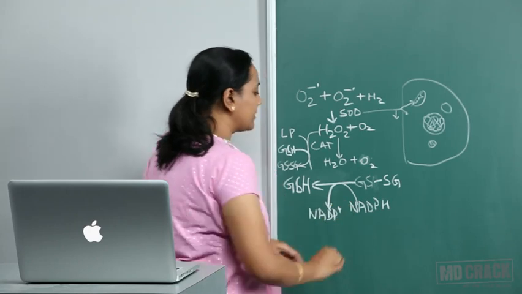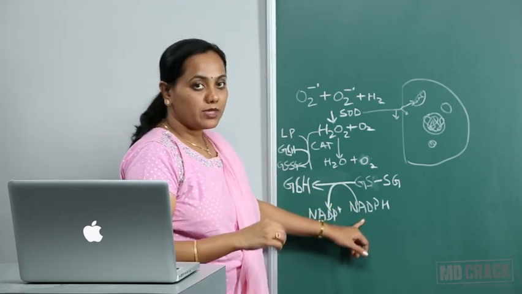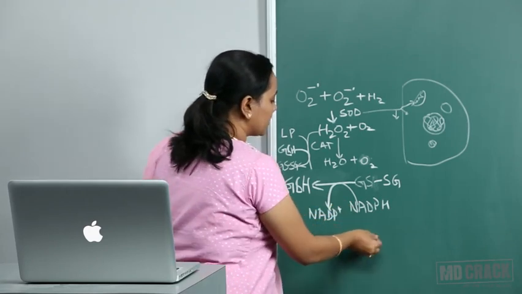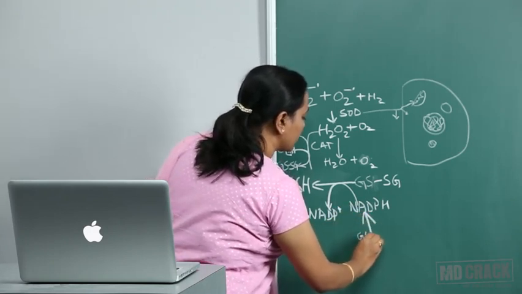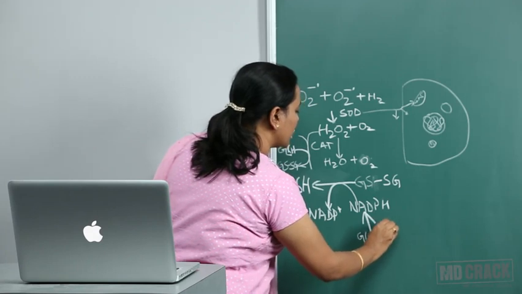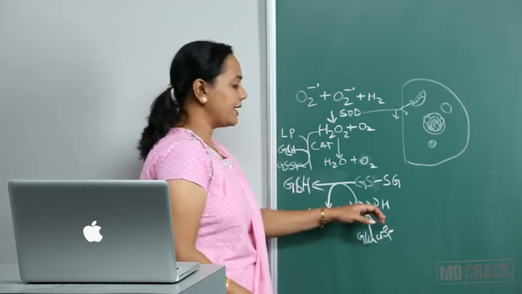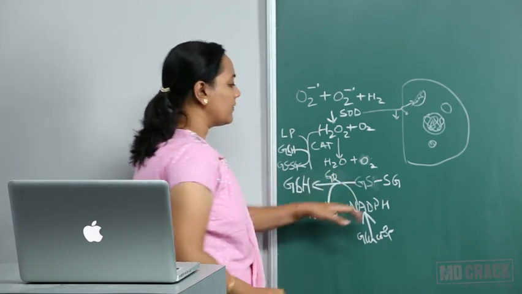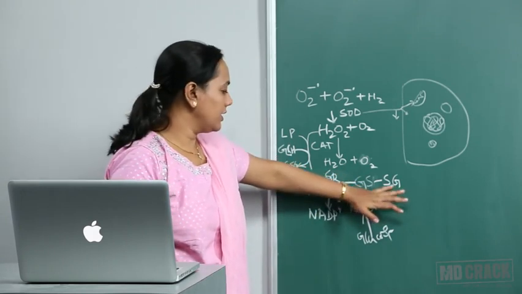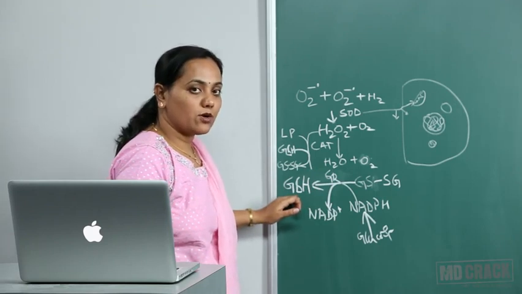So from where did this NADPH come? Please remember HMP shunt. So it came from glucose. Glucose was responsible for the formation of NADPH. NADPH, by the action of glutathione reductase, converts oxidized GSSG to reduced GSH or glutathione.